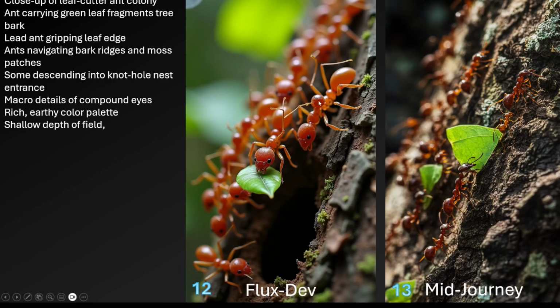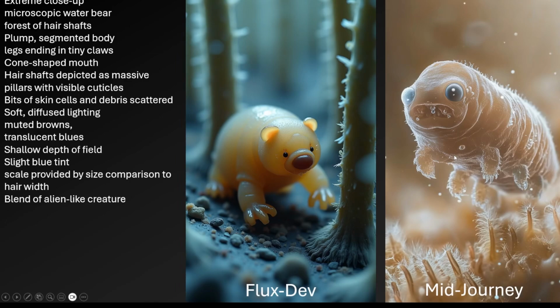But if you try to generate this image on an SDXL or something like that, you'll simply get a blob of creatures that are not really looking like ants. I really like the fact that Flux took care of the compound eyes, and here it's not that clear on MidJourney, but once again MidJourney did an excellent job here.